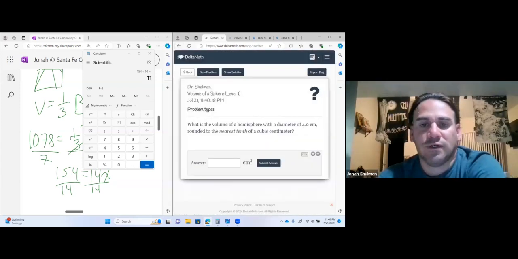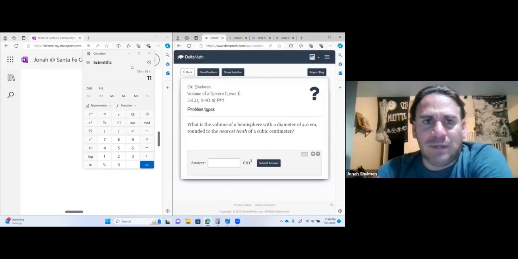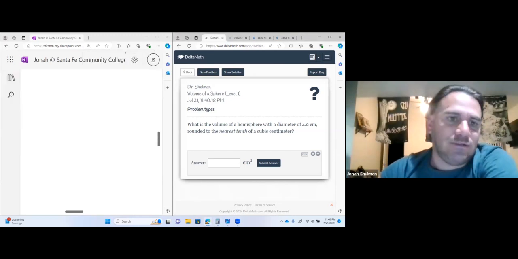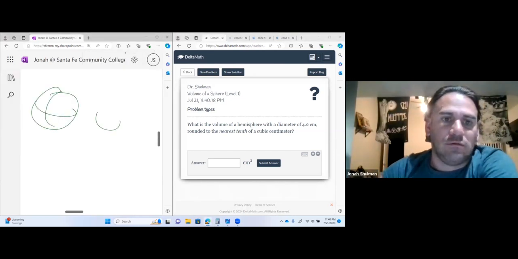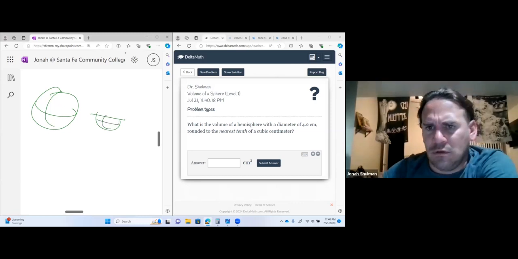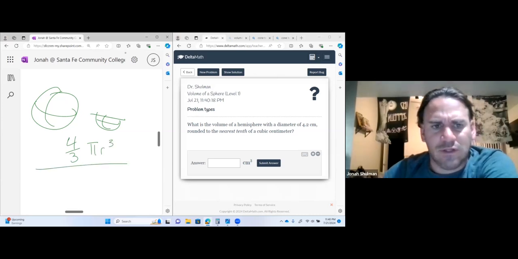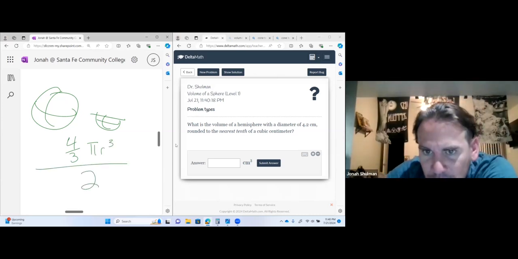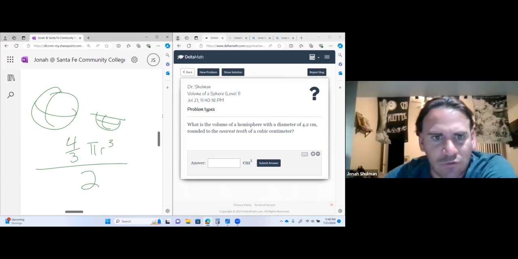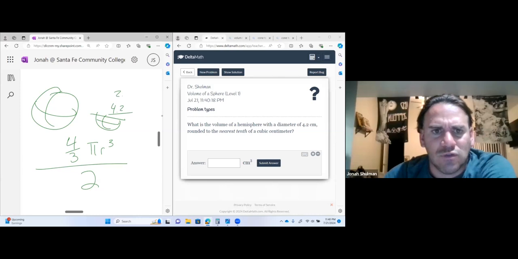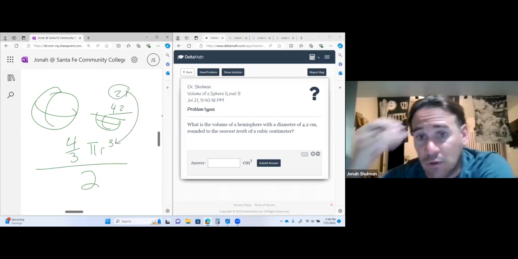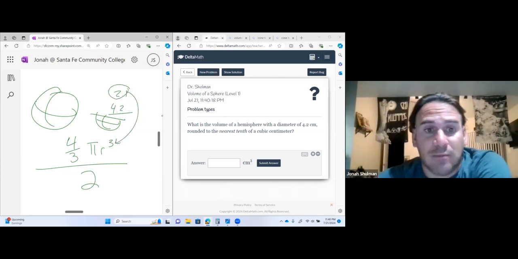All right, so now we can do a sphere. So I'm not going to mess this up. I remember what a hemisphere is. It's literally like a sphere, but we're only doing half of it. So volume is 4/3 pi r cubed, but we want it in half, so I divide the whole thing by 2 at the end. We have a hemisphere with a diameter of 4.2. We want the radius, so that's going to be 2.1. Okay, let's make it happen.